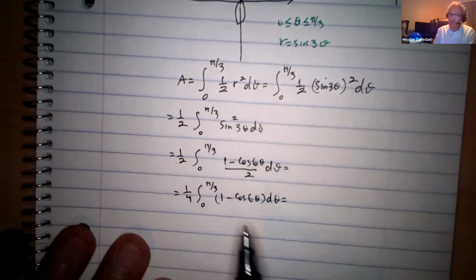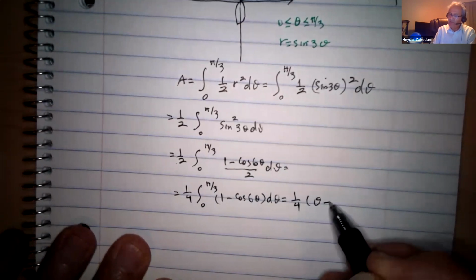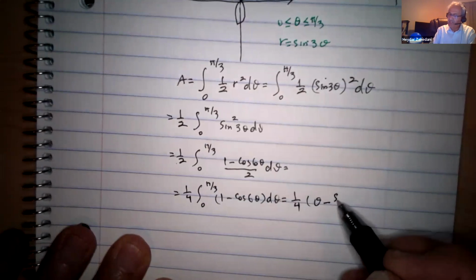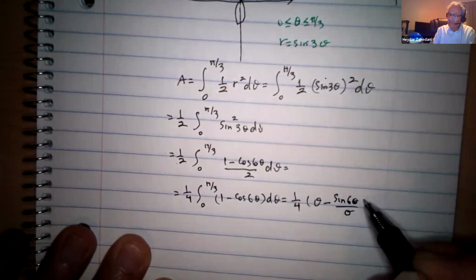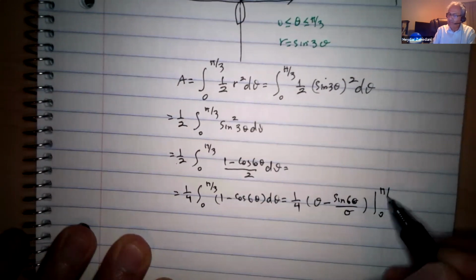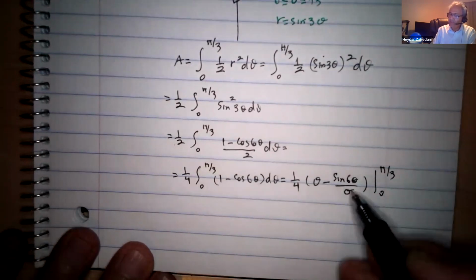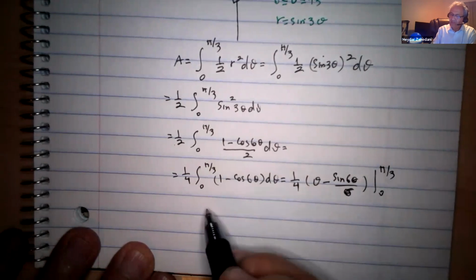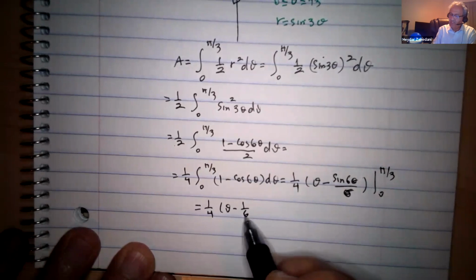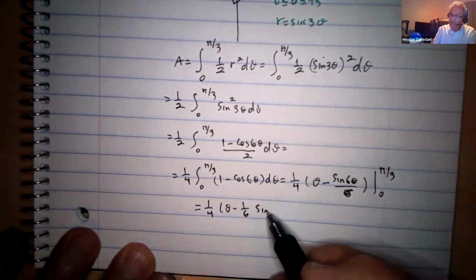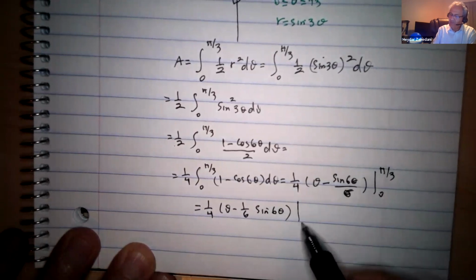The integral of 1 is theta, minus the integral of the cosine, which is sine: sine of the 6 theta divided by 6. So it's 1/4 times theta minus 1/6 the sine of the 6 theta, evaluated from 0 to pi/3.